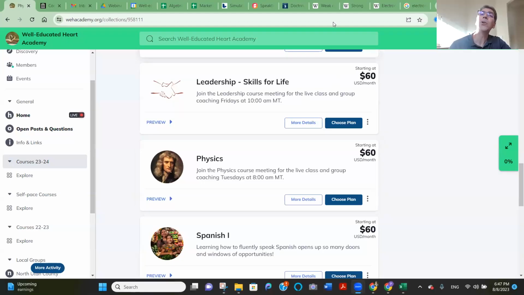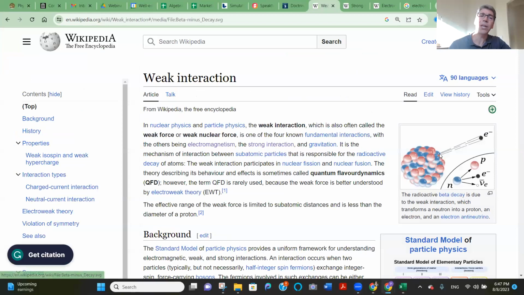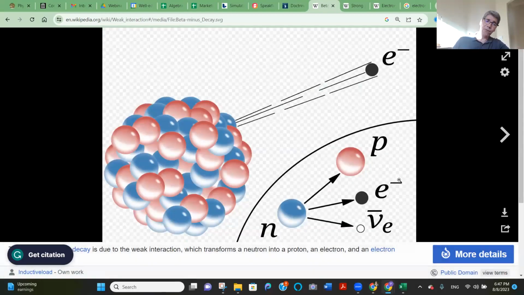And it is in charge of the radioactive materials. So let me share with you this picture that I found there in the Wikipedia article on the weak nuclear force that is very helpful in order for us to understand how it happens.